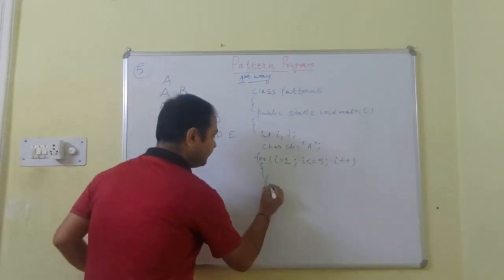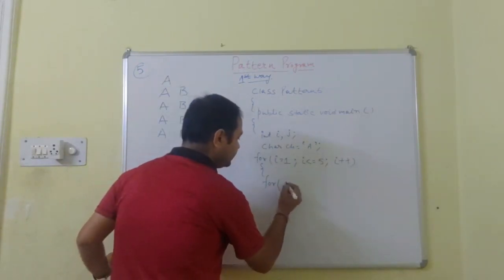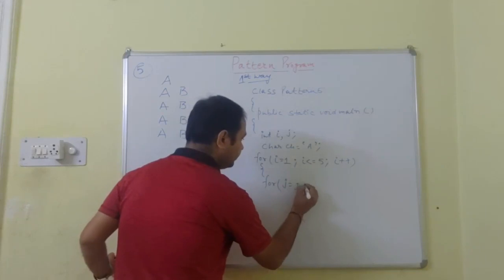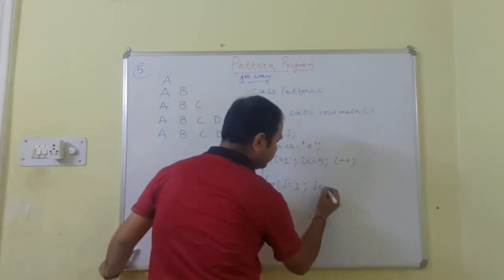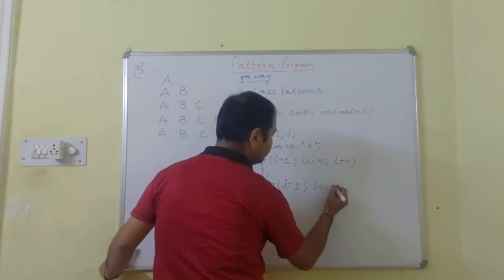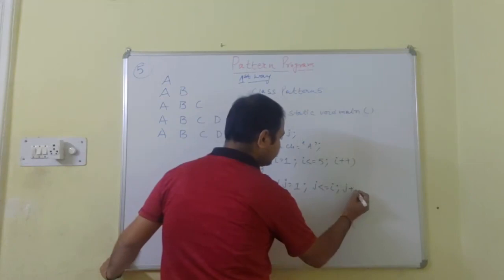Then we write for j equals to 1, j less than or equal to i, and j plus plus.